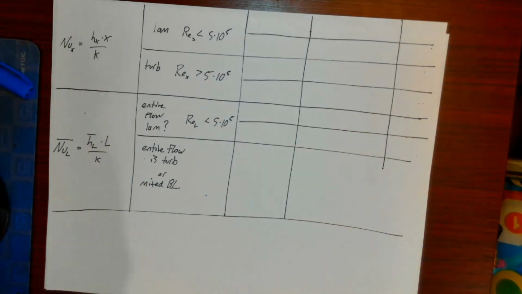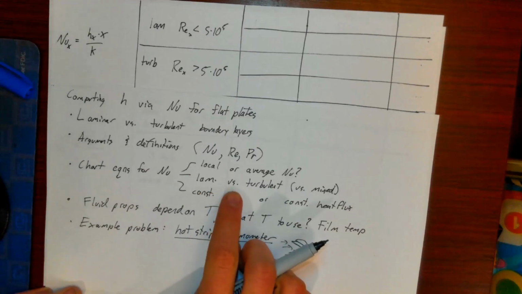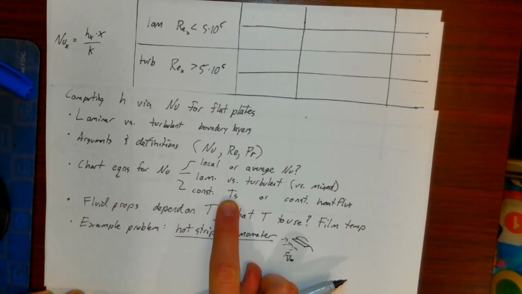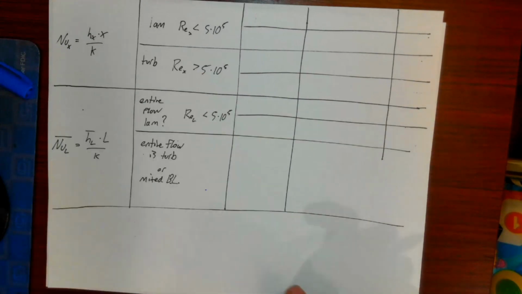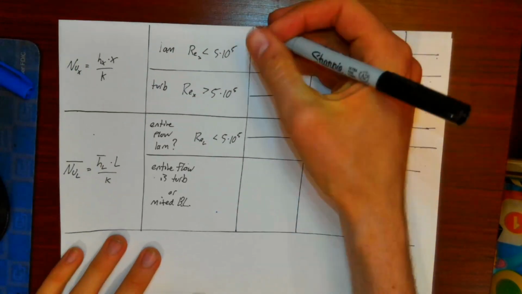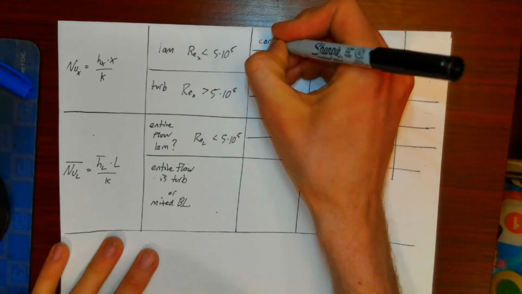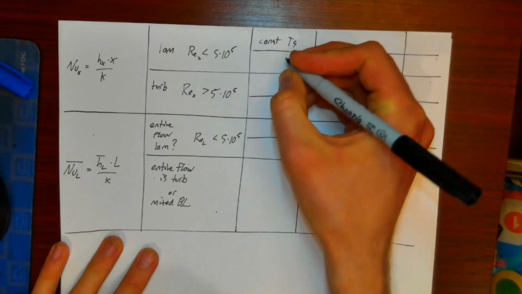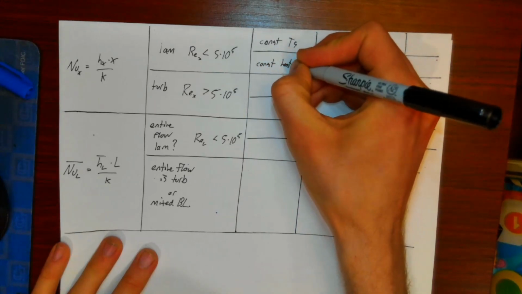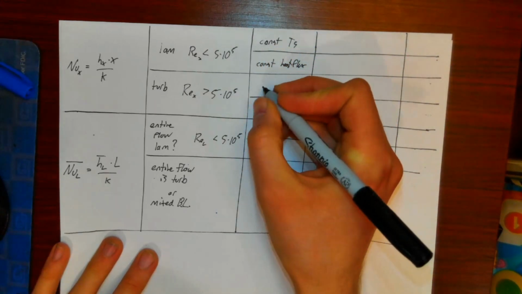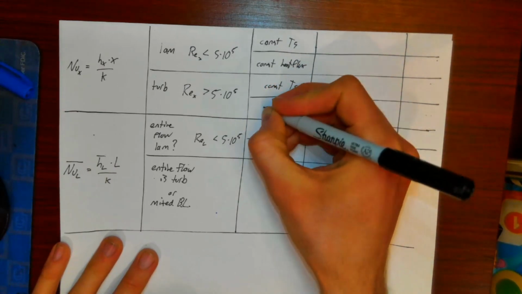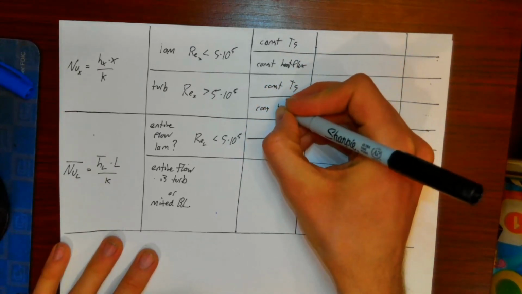And then the third question we need to ask ourselves is, are we dealing with a constant surface temperature or a constant heat flux? It turns out we get slightly different Nusselt number equations for those two things. So here, constant surface temperature, constant heat flux. Then for this one, constant surface temperature, constant heat flux.